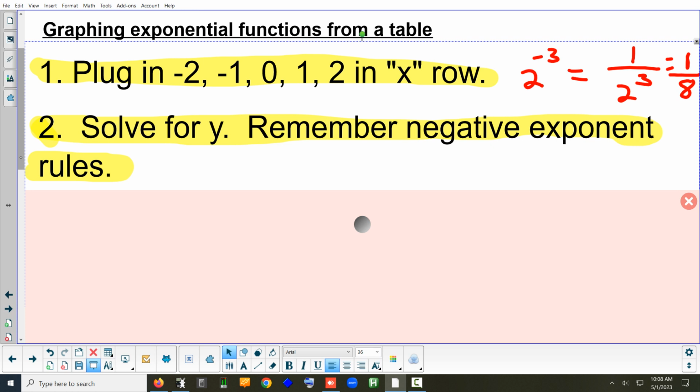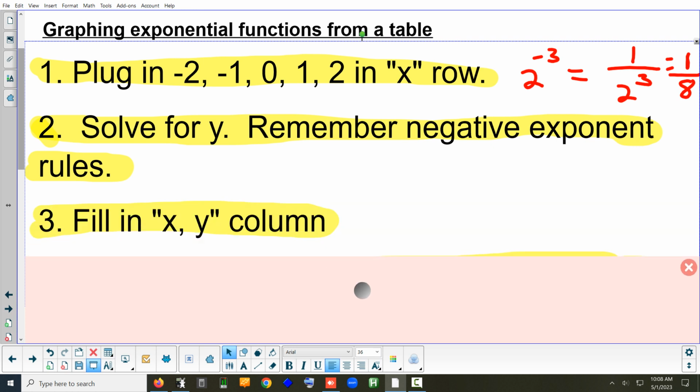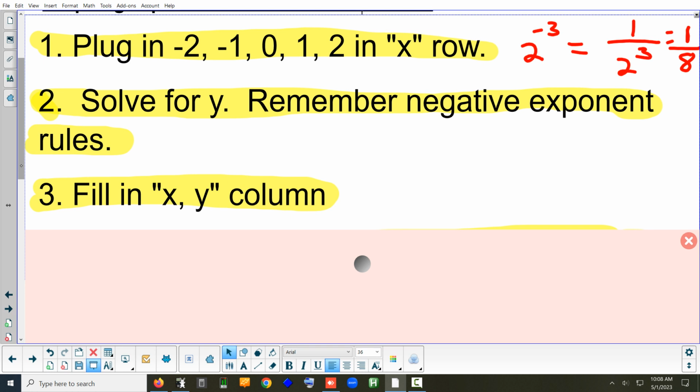Okay, so now you've got a table with your x values. You're going to plug them in one at a time. You're going to get your y values. And then there's a spot here where you can write what I call the xy column. So the xy column is going to look like a column with a coordinate. We're going to generally do 5 coordinates to make a picture of one of these curved graphs.